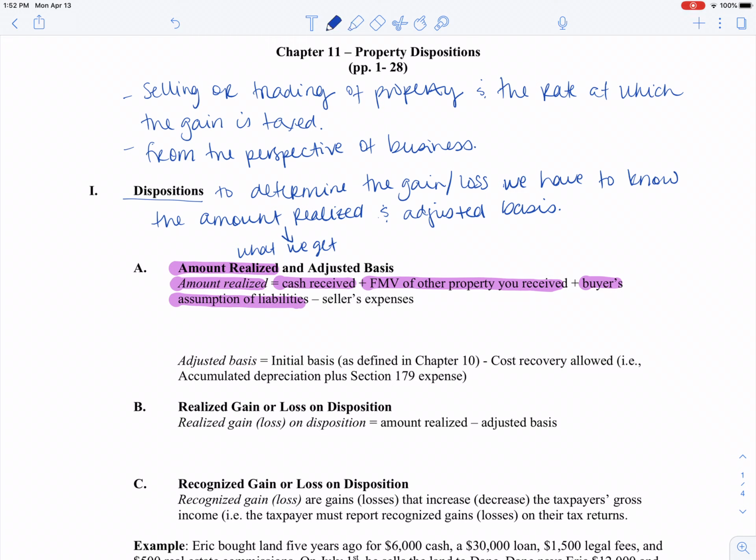We're able to subtract any selling expenses that we have. So our amount realized is what we would normally call the proceeds from the sale. Anything you receive minus anything that you're giving up.